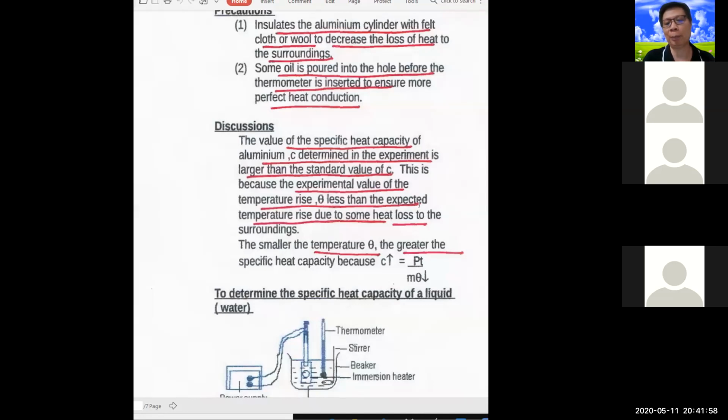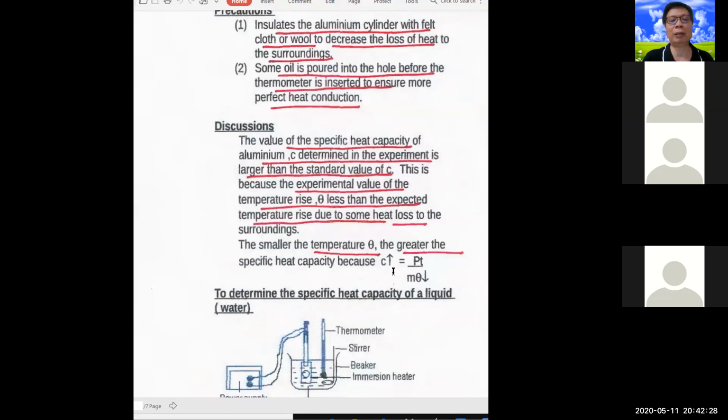It's supposed to rise by 30 degrees, but it never achieves 30, maybe only 25 degrees, because part of the heat is lost. Looking at this formula, when theta becomes smaller, the specific heat capacity C you calculate becomes larger, right? This is the reason.